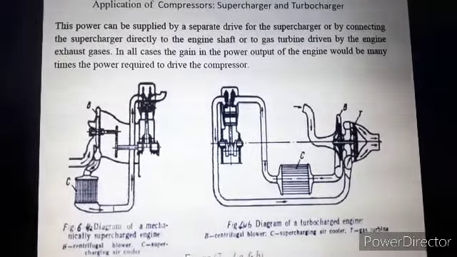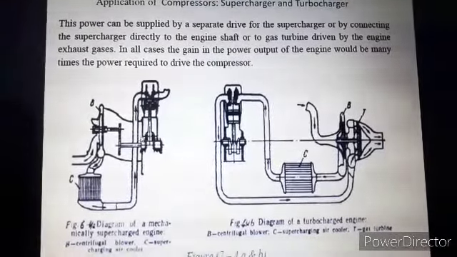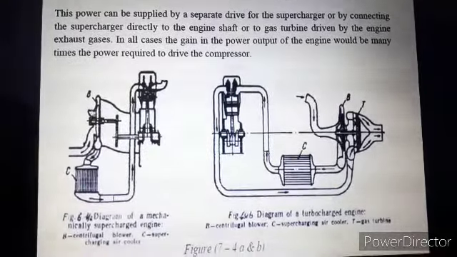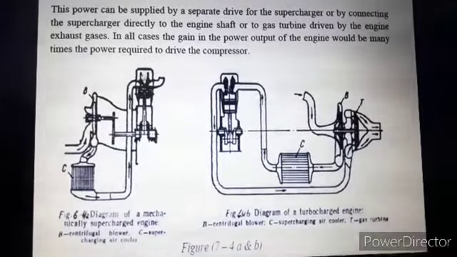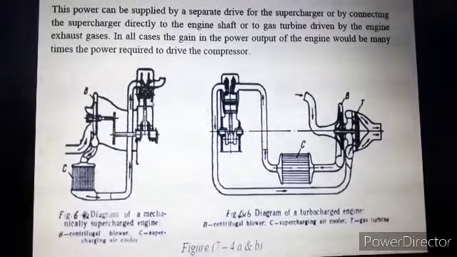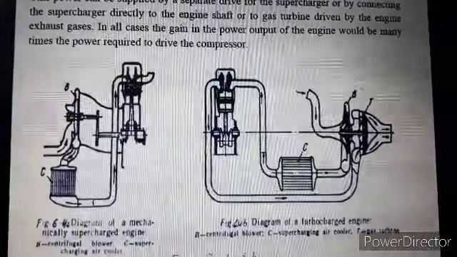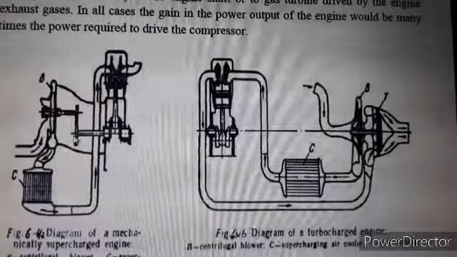Let us see the arrangement of the supercharger first. In a supercharger we have this compressor, and the compressor is coupled to the engine shaft. This is the engine cylinder, this is the connecting rod, and that is connected to the crankshaft. This crankshaft is coupled to the compressor shaft.